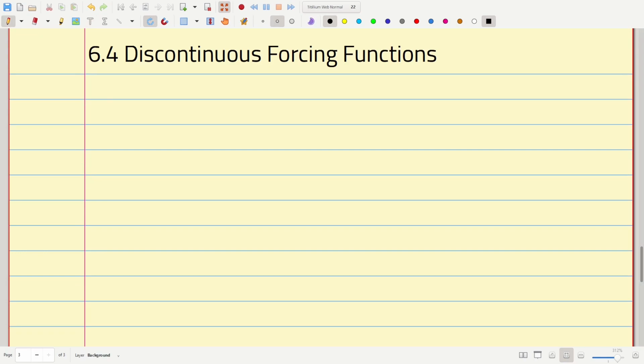With this new tool of step functions in mind, we can now start thinking about discontinuous forcing functions. So let's look at the following example here.